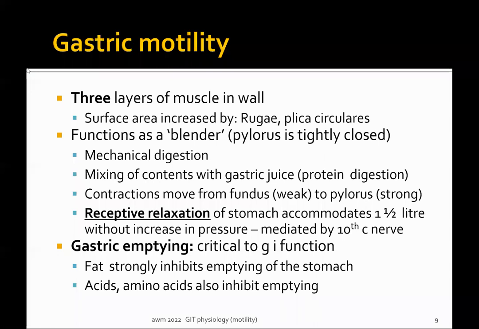The acid delays emptying because it needs to be neutralized so that the enzymes can work. The fat has to be released at a rate that will not overwhelm the bile, which has to emulsify the fat, because remember, fat and water don't mix. Carbohydrates and proteins are relatively water soluble. They will mix with the gastric juices and life goes on.